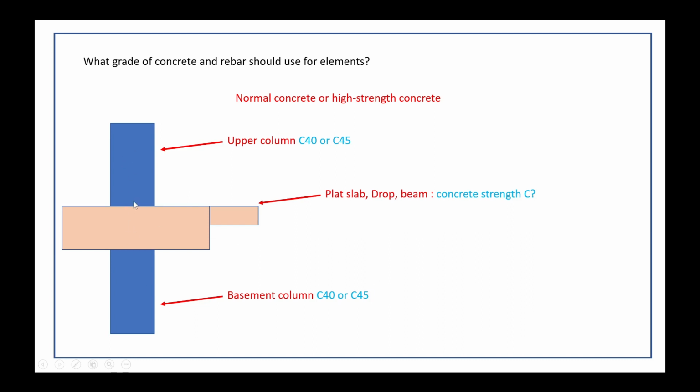Between these strong materials, we have concern about the one layer of the slab. So indicate the concrete strength for the slab, for the beam, or for the drop. You can observe two different columns and one layer of concrete slab.